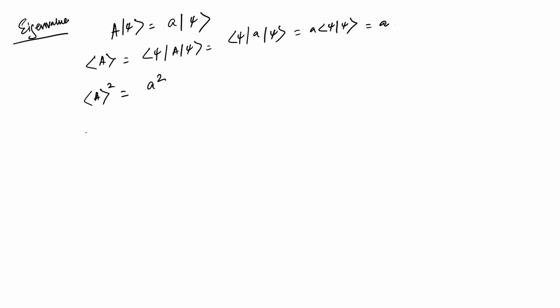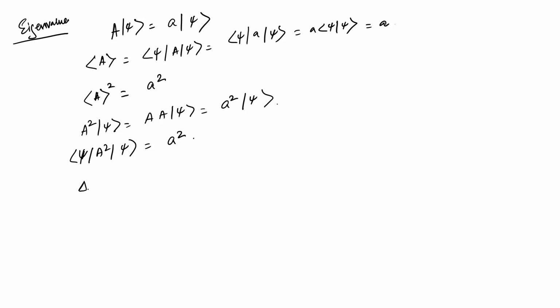Okay. And if I want to calculate what A squared acting on psi is, then it is equal to A acting on A psi, and then it is equal to A squared psi. And if you want to calculate the expectation value of A squared, then this is equal to A squared.